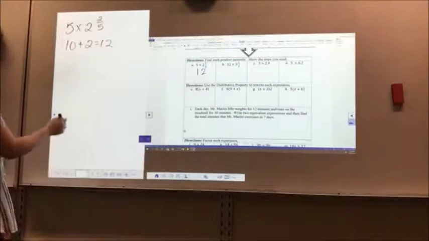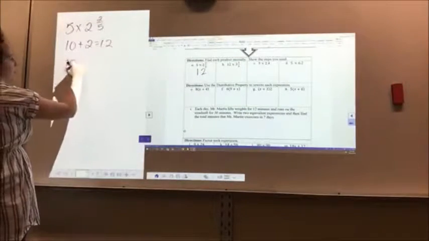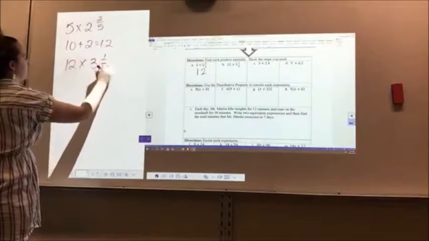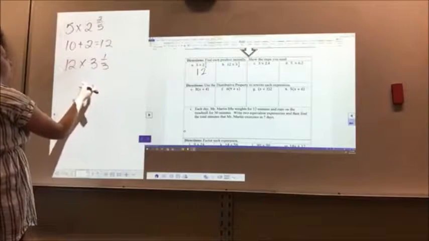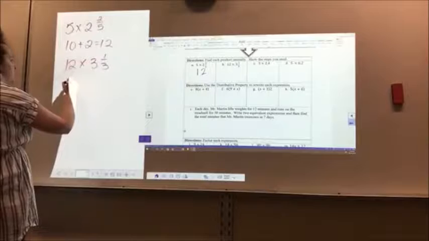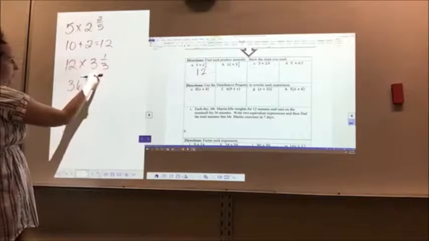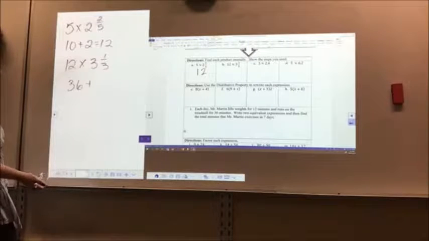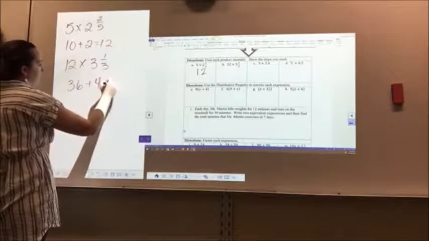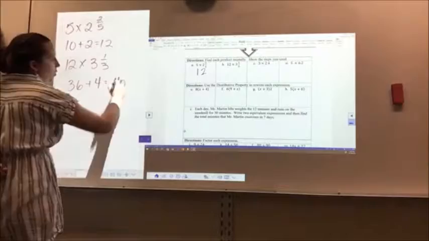Next, 12 times 3 1/3, which is really like saying 12 times 3, which is 36, plus 12 times 1/3, 12 divided by 3 is 4. Which is 40.